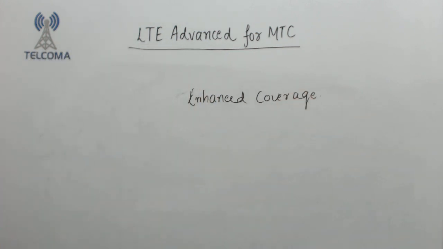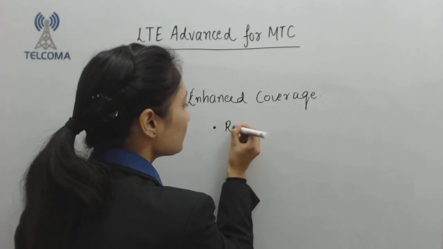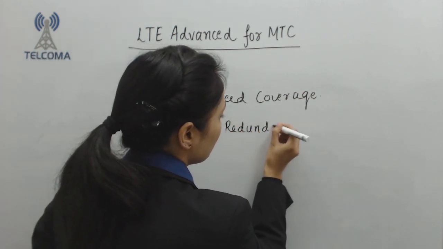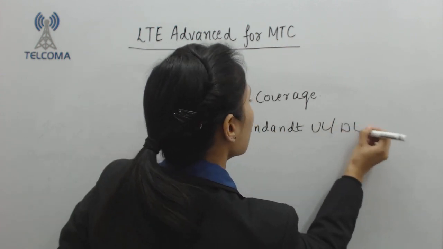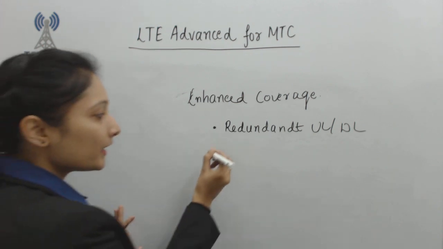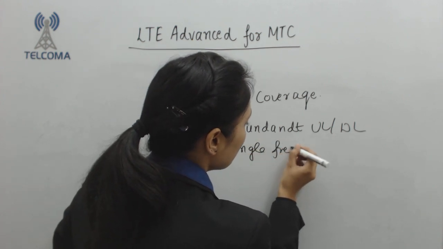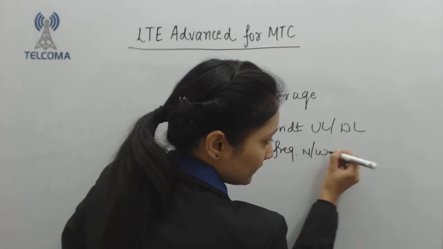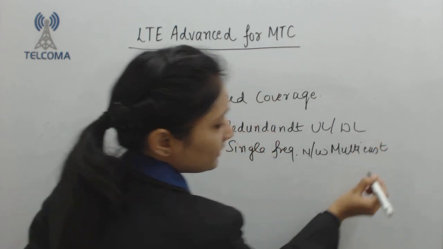So enhanced coverage means it has redundant uplink and downlink transmission, and another factor is that we have single frequency network multicast. So what does it mean?